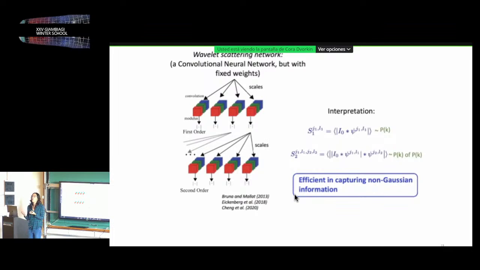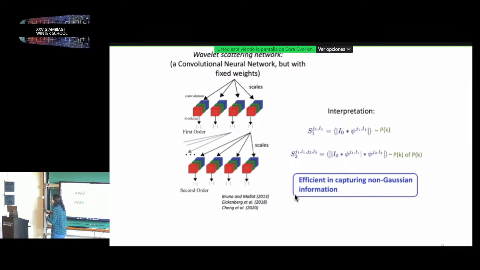So what is the information that we are extracting? The first order coefficients encode the information of the strength of the clustering of structures around a given scale, which resembles to some degree the power spectrum. As I showed you, the first order coefficients of this wavelet scattering transform are somehow related to the power spectrum. You can think about it as a power spectrum with more information.